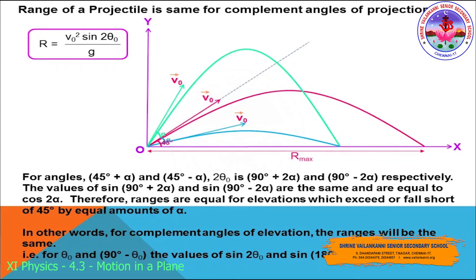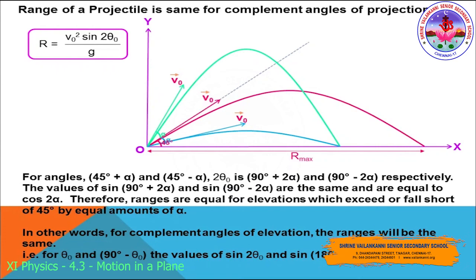That is why we said the horizontal range of a projectile is maximum when it is projected at an angle of 45 degree with the horizontal. Got it? So the maximum horizontal range is v naught square sine 90 degree by g, that is v naught square into 1 by g. So R maximum is v naught square by g.